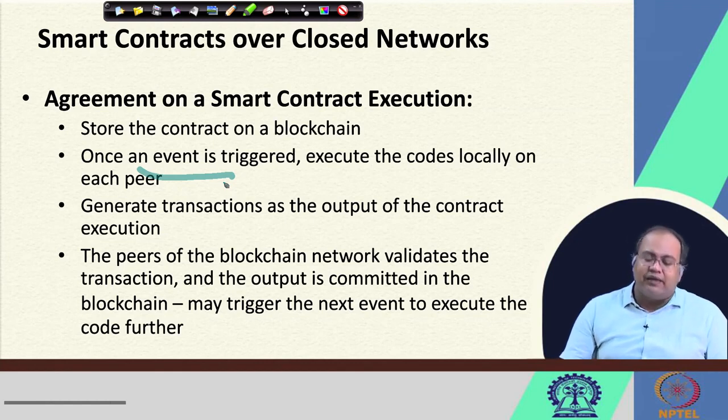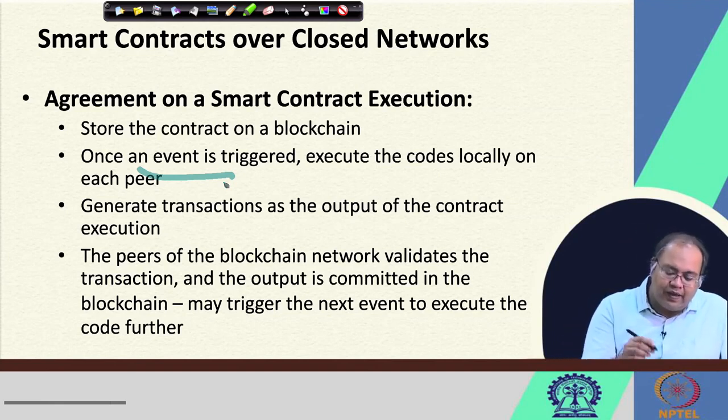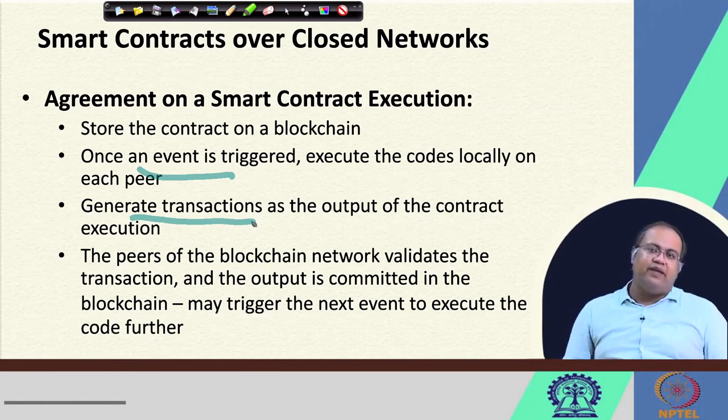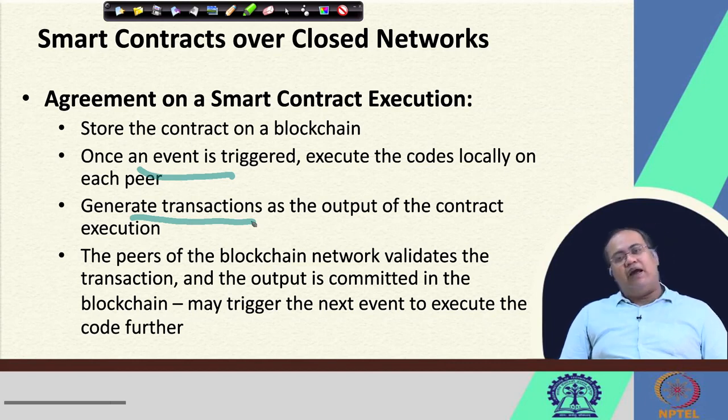Once you are executing this transaction, whatever the output of this code is, against that you can generate transactions which look like the output of the contract. Say, for example, the output of the contract says that the seller has transferred 20 tons of potatoes to the buyer.